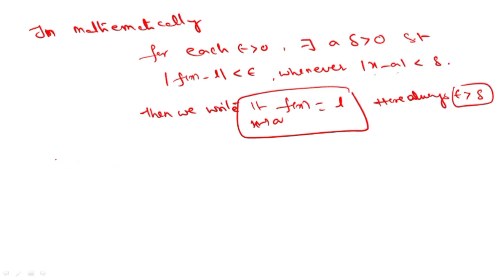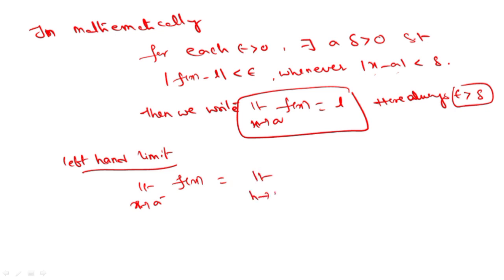And for the left hand limit, limit x tends to a minus of f of x can be written as limit h tends to 0 of f of a minus h.